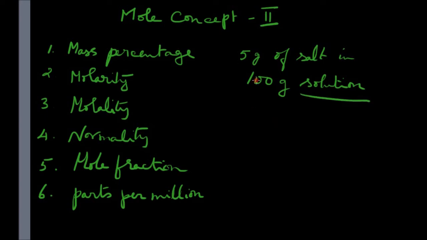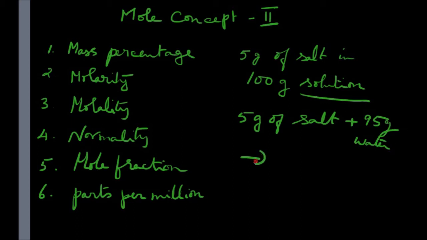So how will you prepare that? You will weigh exactly 5 grams of salt and dissolve it in 95 grams of water, so that the solution has a mass of 100 grams. So it is always a mass of the solution for mass percentage.